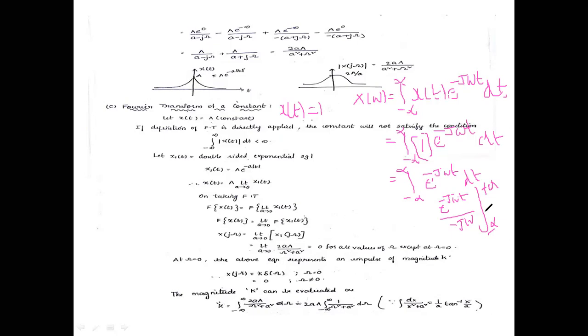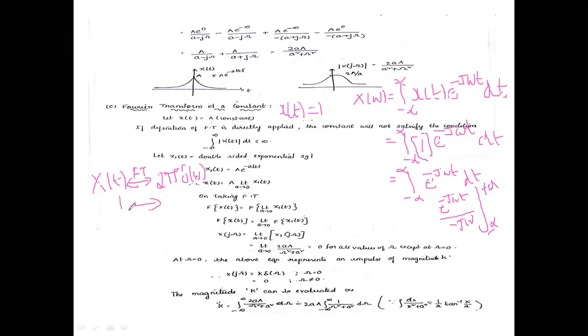If x of t is a Fourier transformation pair of X of omega, then X of t, not the small letter x of t, is a Fourier transformation pair of 2 pi x of minus omega. Here x of t is 1.